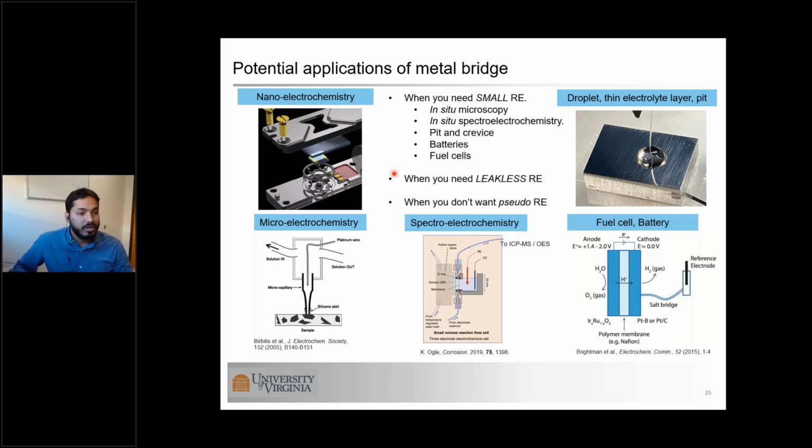You don't want mixing in the electrolyte, and wherever previously you were using a pseudo reference electrode like platinum or other metal wire, you can make them as a metal bridge. I also used the metal bridge setup to study electrochemistry in a droplet. But again, as I said, in cases like fuel cells or batteries, we can use the metal bridge to get the potential with respect to a true reference electrode, which was not possible previously.